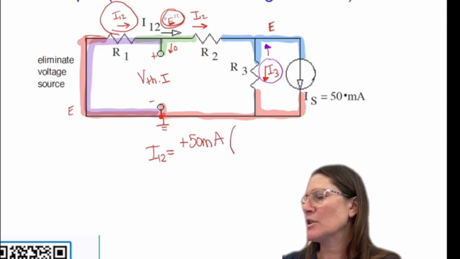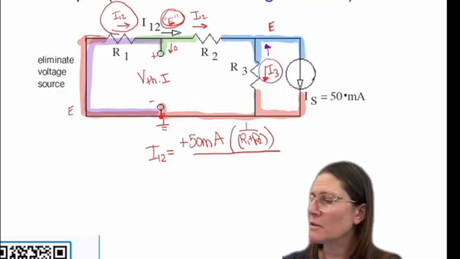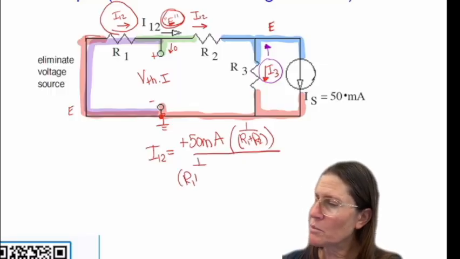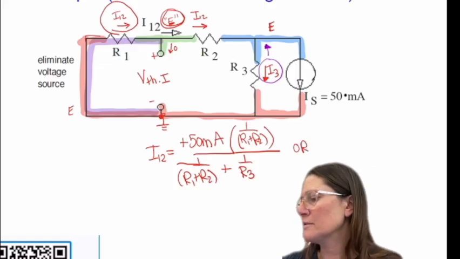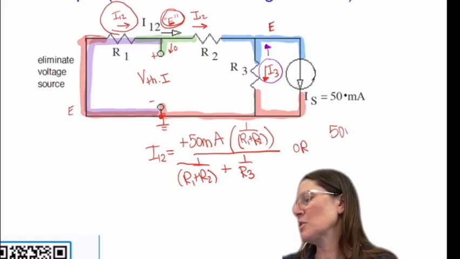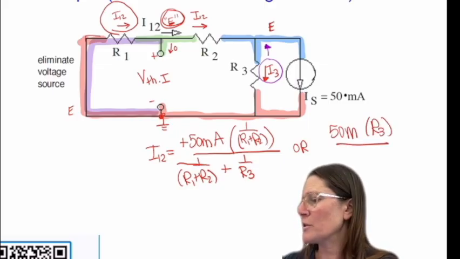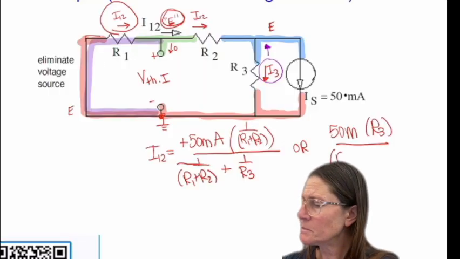And then you can either do 1 over R1 plus R2 over 1 over R1 plus R2 plus 1 over R3, or 50 milli times R3 over R1 plus R2 plus R3.